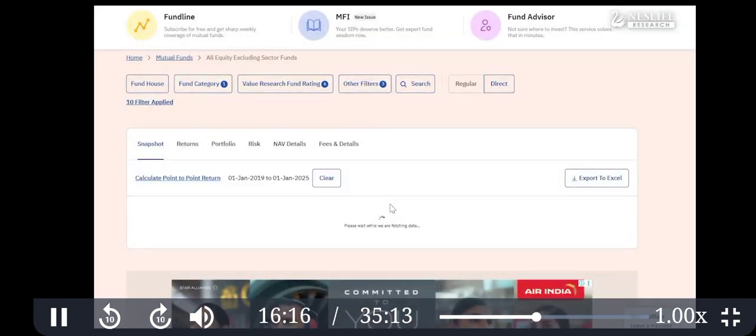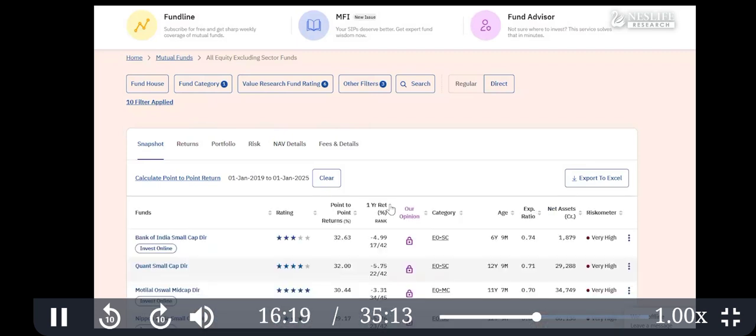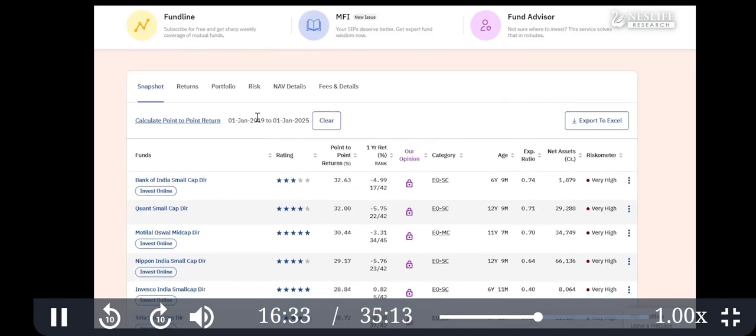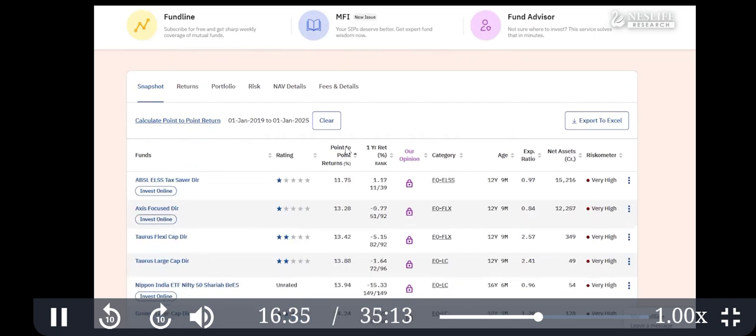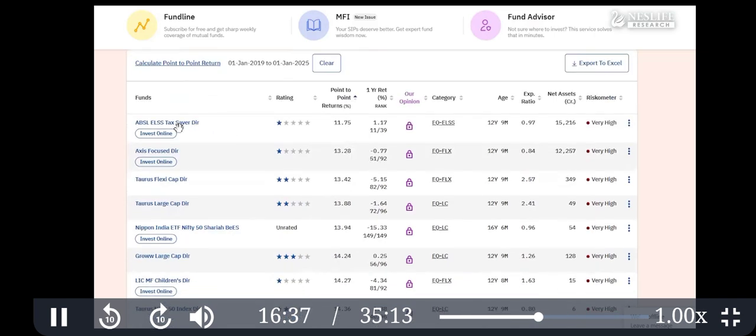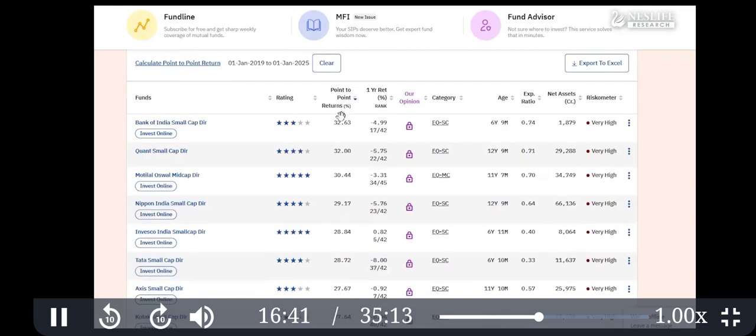So you are taking the data of 2 points, 2 dates. You are deciding both dates yourself. So write down: when you decide both dates to calculate the return, it is point to point. And if you click here, you'll see that the lowest return is 11%, the highest return is 32%.